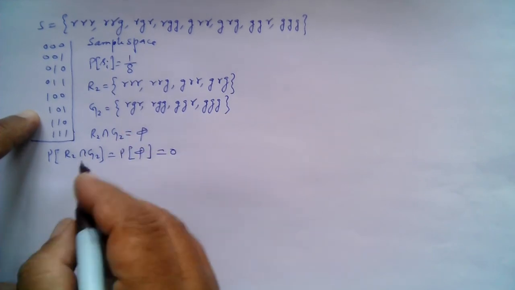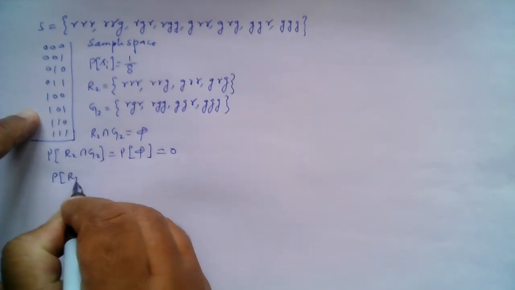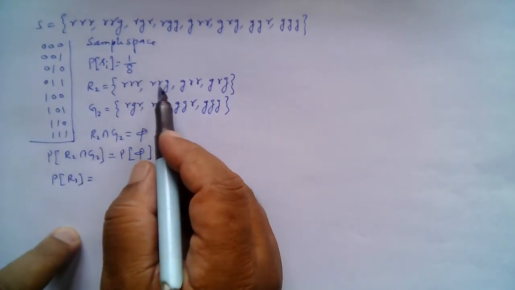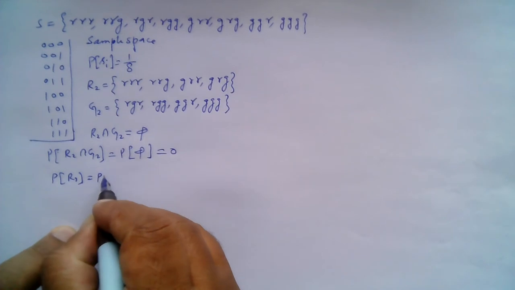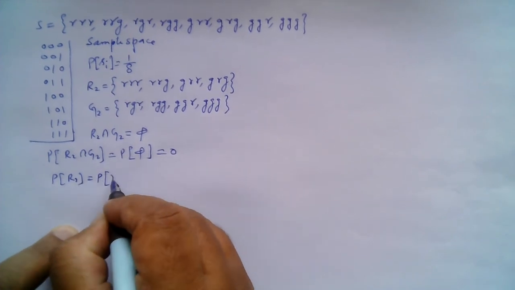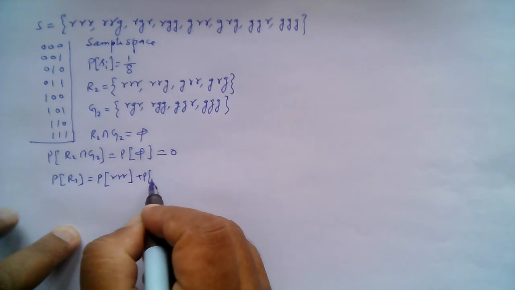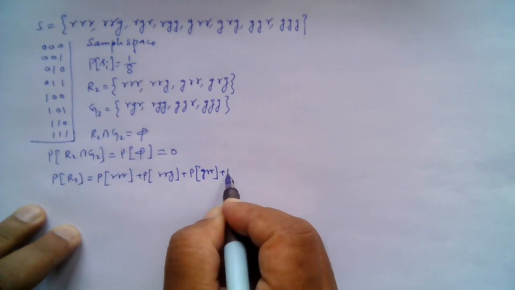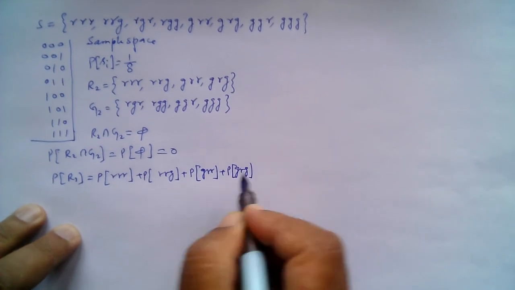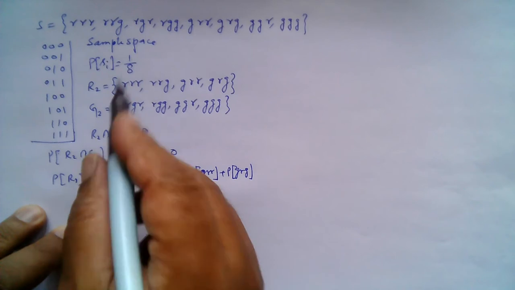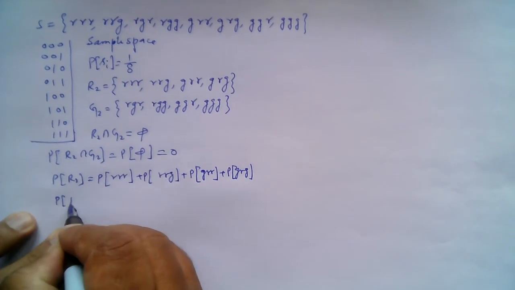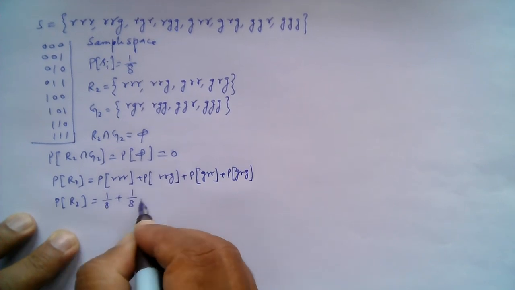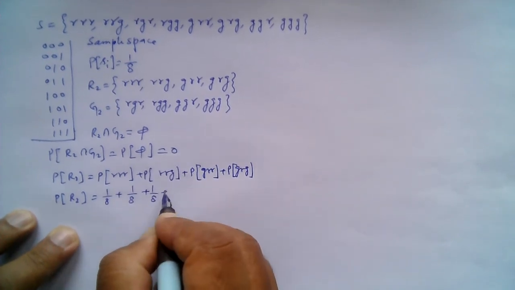Now let's find out the probability of R2. Probability of R2 is equal to probability of this outcome, then this outcome, then this. That is, probability of R2 is equal to probability of RRR plus probability of RRG plus probability of GRR plus probability of GRG, and the probability of each outcome, as is known, is 1 over 8. So probability of R2 is equal to 1 over 8 plus 1 over 8 plus 1 over 8 plus 1 over 8.